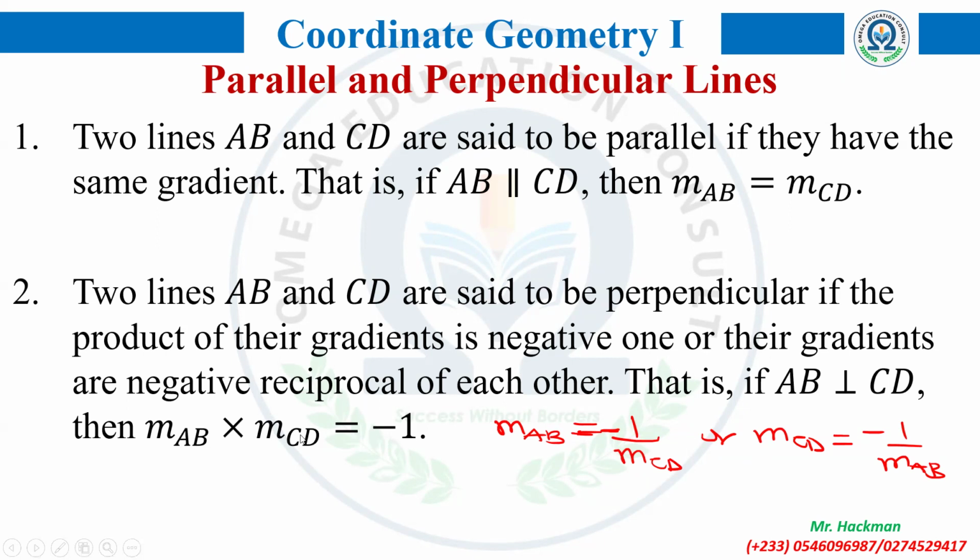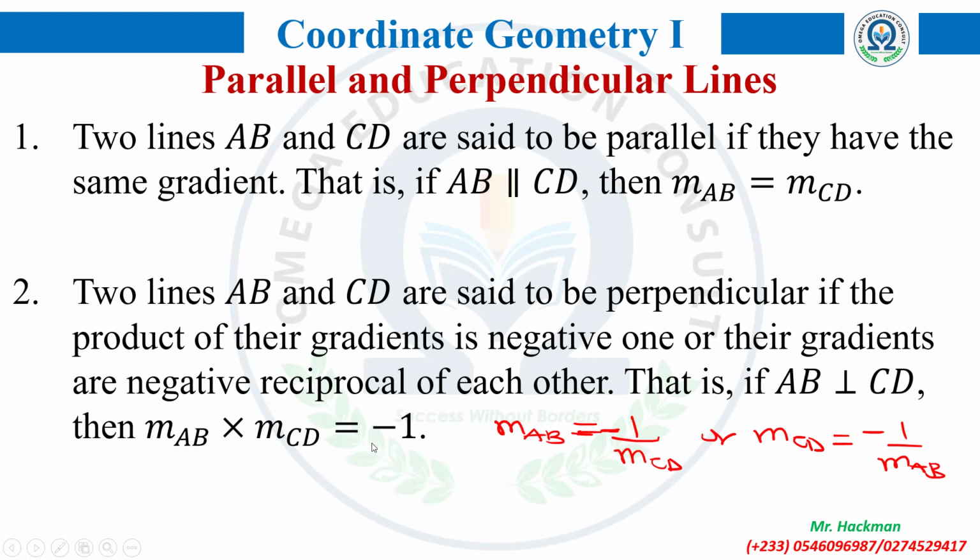This one, the product. It's just a fact. So you need to know this fact, just as you need to know that the gradients should be equal before the lines will be parallel. You should also know that for them to be perpendicular, the product of their gradients should give you -1. We'll prove this along the line, so don't worry. But for now, take it as a formula, or as a relation, whenever you are dealing with perpendicular lines.